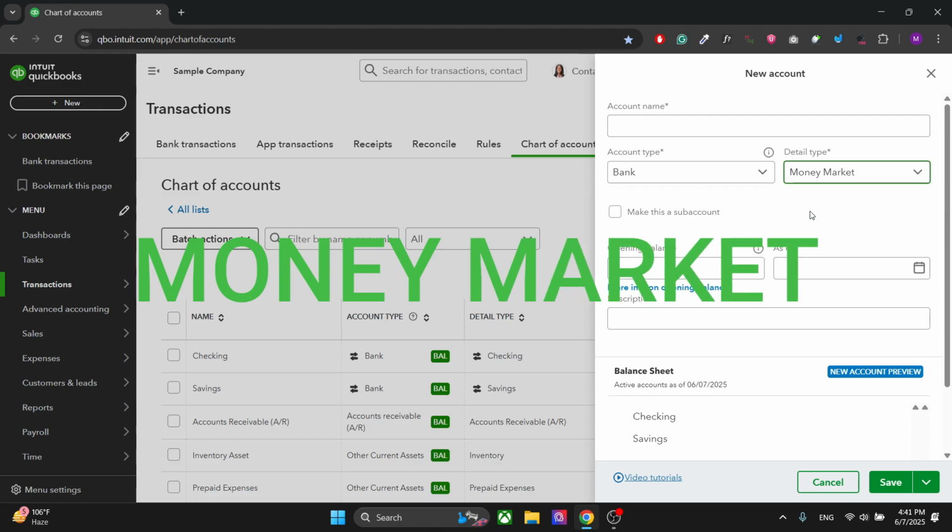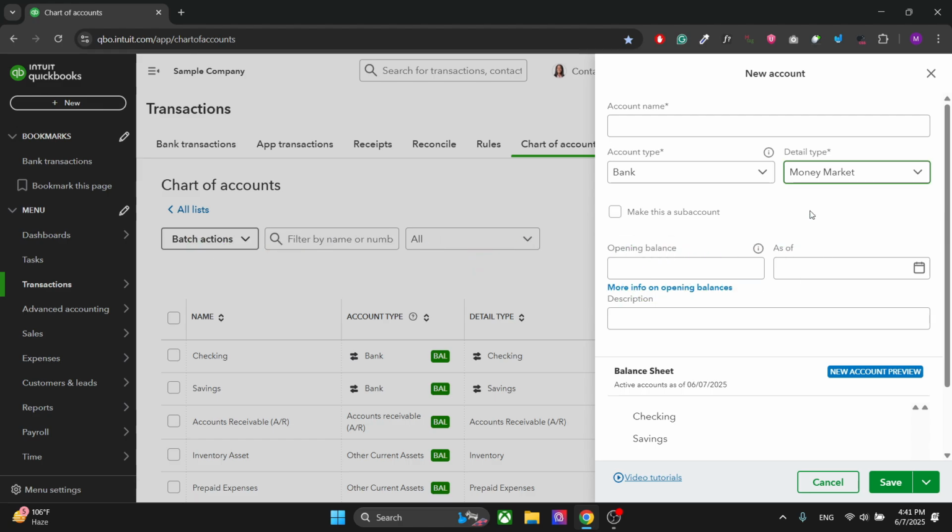The next option is the money market, and a money market account tracks the funds in a money market account. Money market is basically a type of interest bearing account that typically offers higher interest rates than a checking or savings account, but may have limited transaction capabilities. So, if you want to hold funds that earn higher interest while remaining relatively liquid, then you can use it.